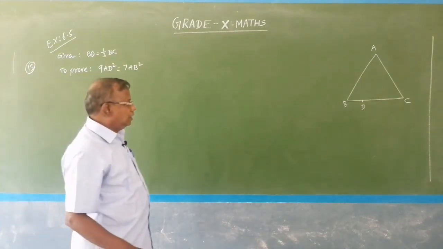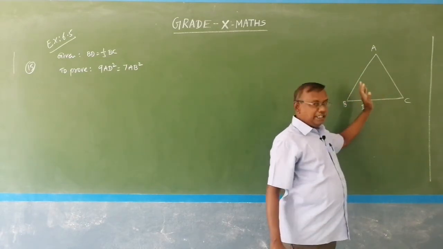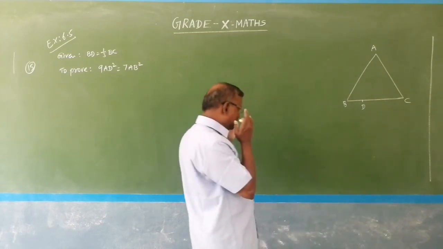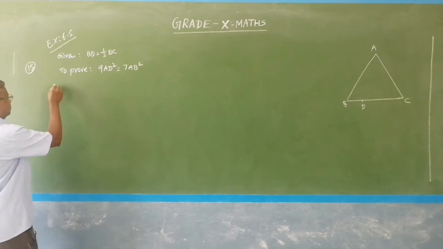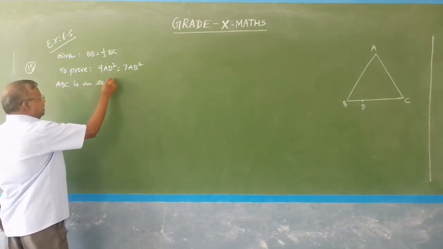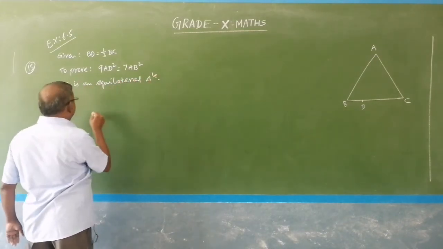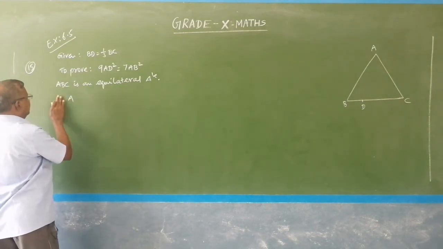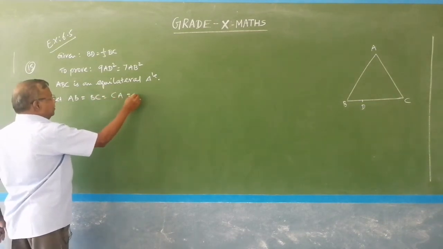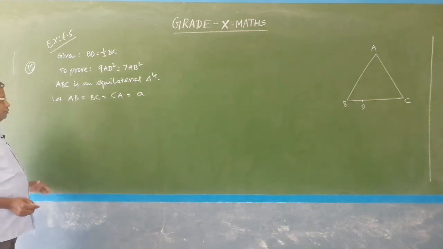Okay. Since ABC is an equilateral triangle, for our convenience let us take the side equal to some scalar A. Therefore let AB equal to BC equal to CA equal to say some scalar A. A is a positive value.